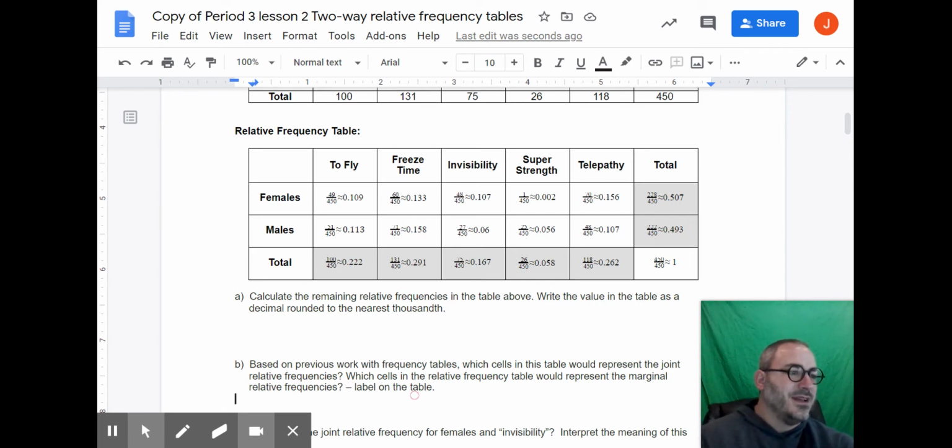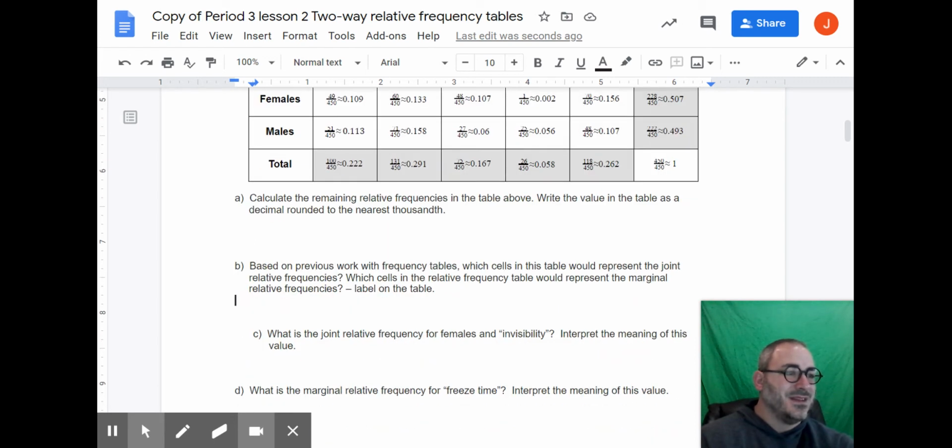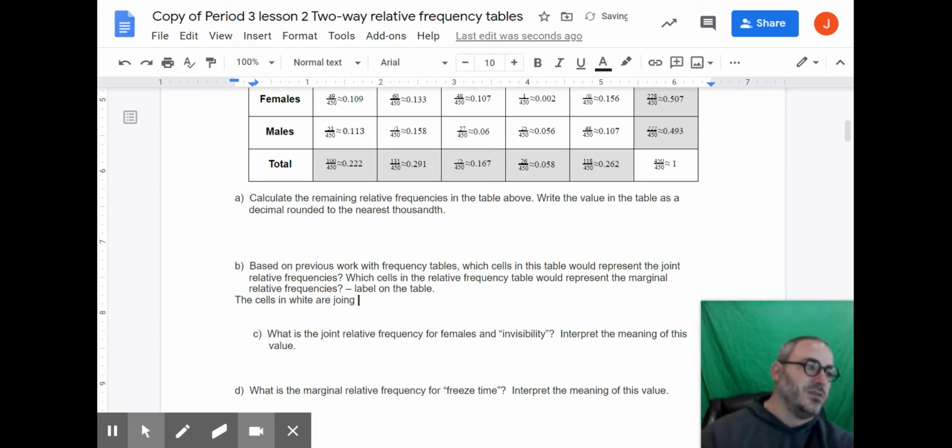Here's what I'm going to do. I'm not going to label on the table. I'm going to say the cells in white are joint relative frequencies. Oh, pressed the wrong button there.